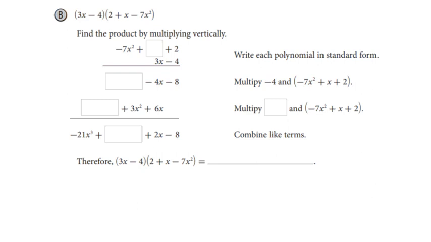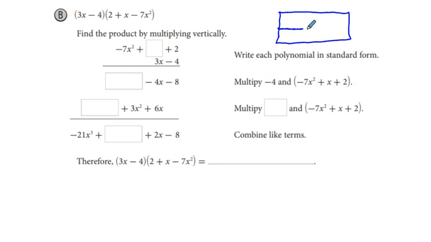But here we have another example. They have a find the product by multiplying vertically. I don't like this way as well. One thing you can do with polynomial expressions is multiply them using what we call a box method. I'm going to make a little box for this one right here.